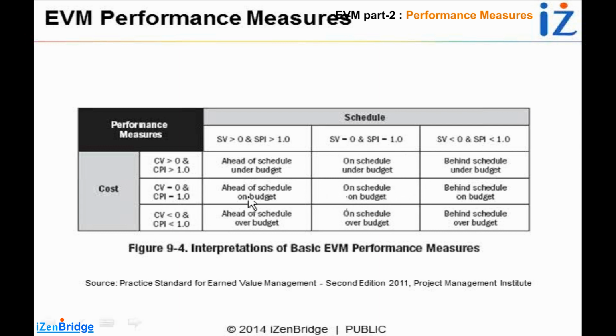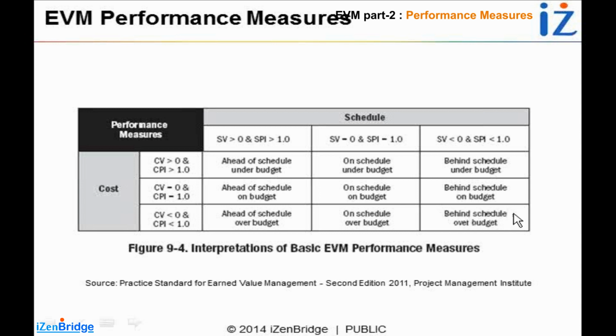But if your cost performance index CPI is less than 1, you are over budget. And if you have a schedule performance index less than 1, it shows behind schedule. I would say it shows that you have done less work than planned.